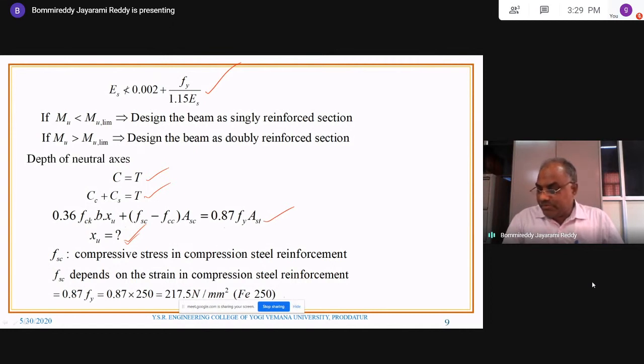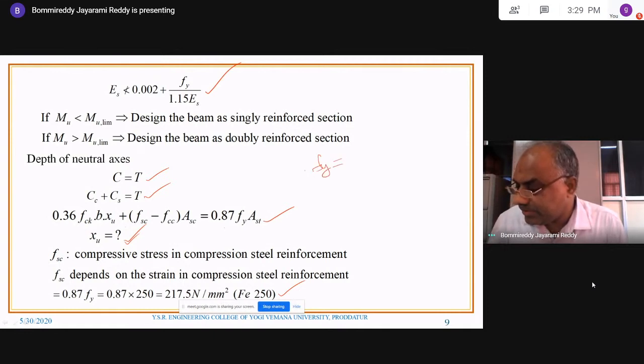In case of mild steel Fe 250, fsc can be taken 0.87 fy. You know that we are using fy as for any material, say 415, as it is, Newton per mm square. But fsc is not 415 Newton per mm square.